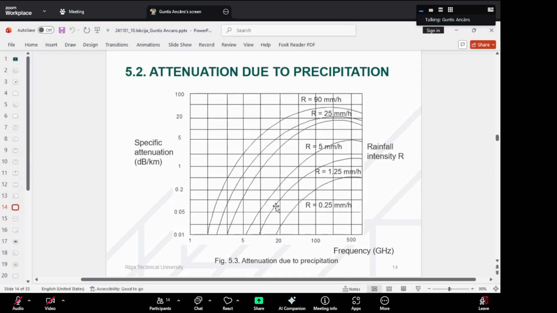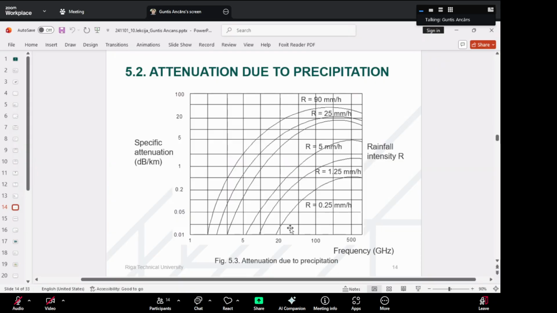We can take 20 gigahertz. At 20 gigahertz, attenuation is relatively low at this rain intensity.